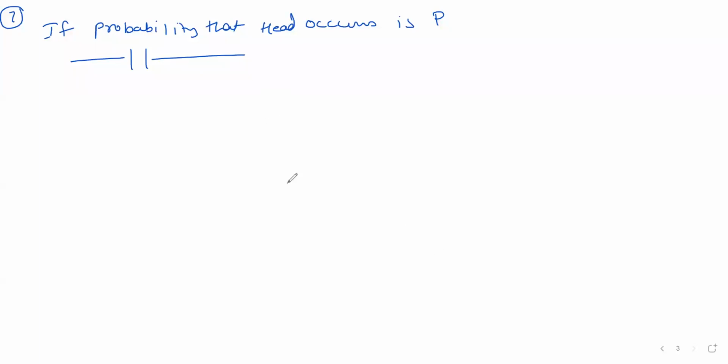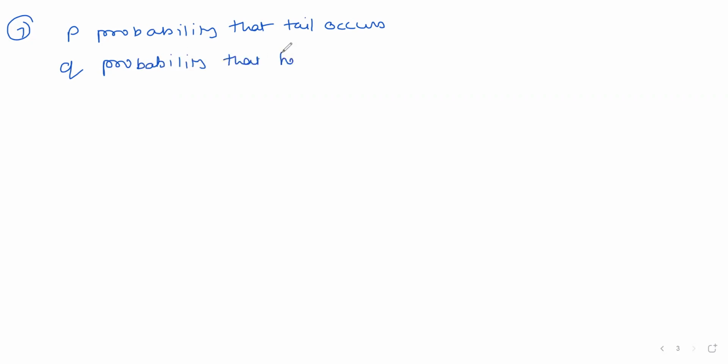I'll just again read the sum. There is slight confusion. A coin is biased so that the head is 3 times as likely to occur as tail. Okay. So if P is probability that tail occurs, and Q is probability that head occurs.